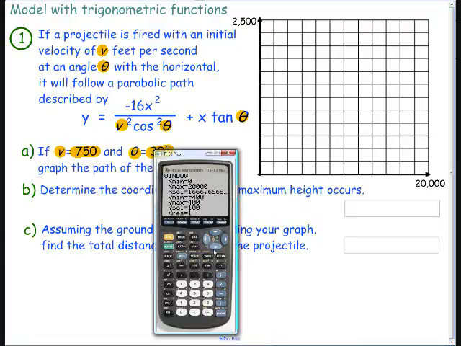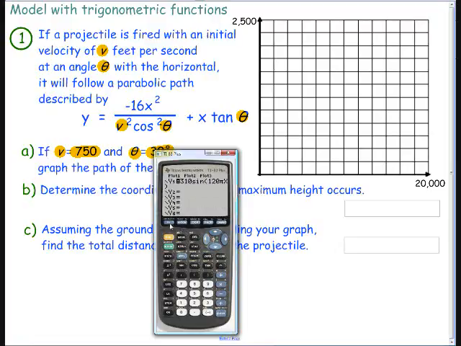I'm trying to match what I've got in front of you. My y min is 0, my y max is 2500, and my y scale is 2500 divided by 12 again.